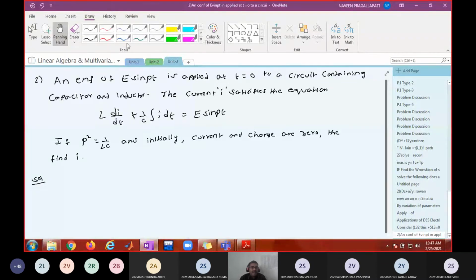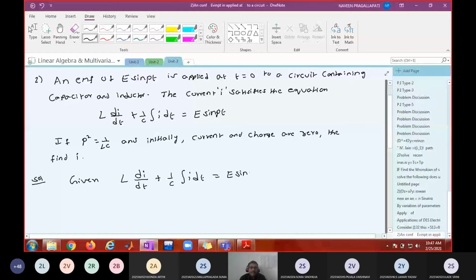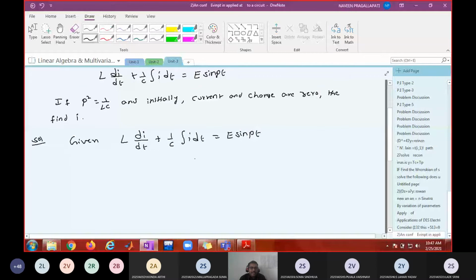And we are given that L into di by dt plus 1 by c into integral I dt is equal to E sin pt. But we know I equal to dq by dt.